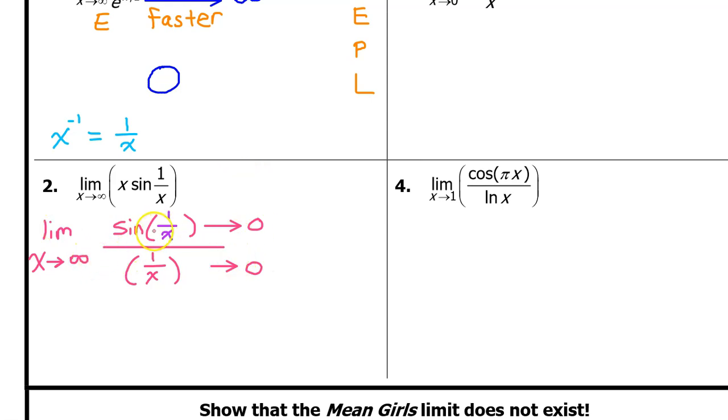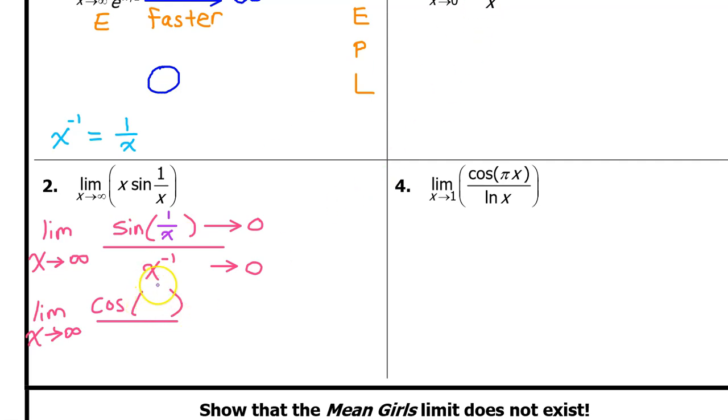L'Hopital's rule says we can take the derivative of the numerator and the denominator without changing the limit. I'm switching 1 over x back to x to the negative 1 power because it's easier to see the derivative in this form. The derivative of sine is cosine, so we have cosine.